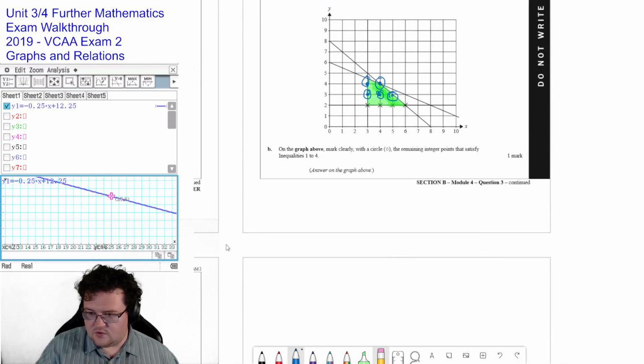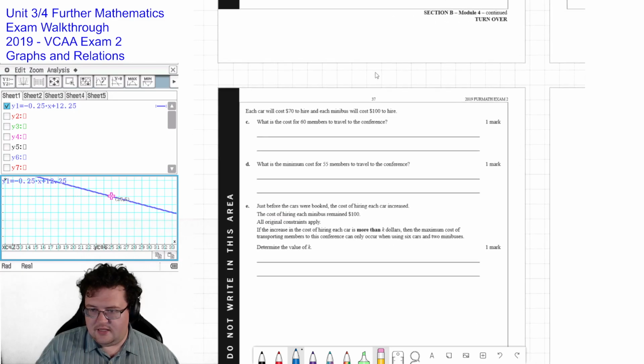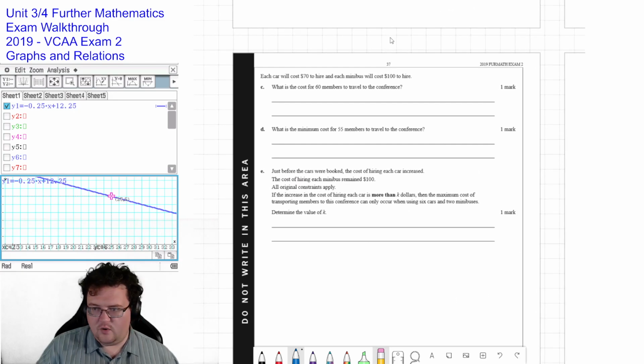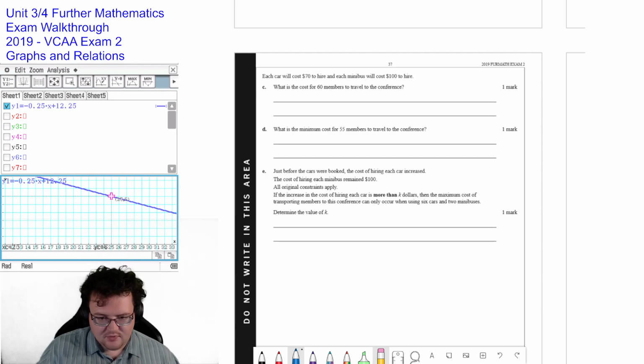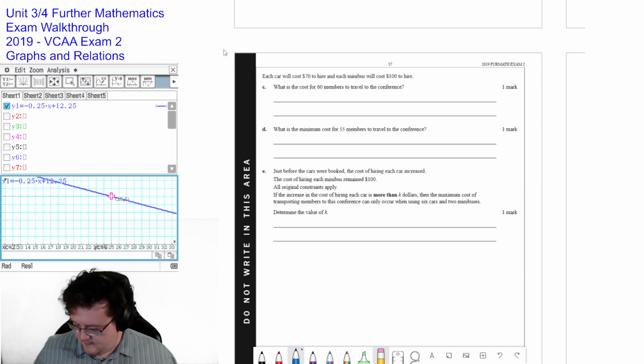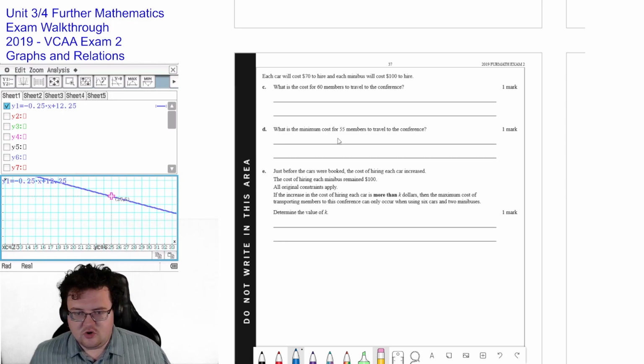Now, the next question that they talk about is a constraint or an optimization question. What is the cost for 60 members to travel to the conference? So if you're going to have 60 people travel to that conference, then what you need to do is look at the line 5x plus 10y, not less than or equal to 60, equal to 60.